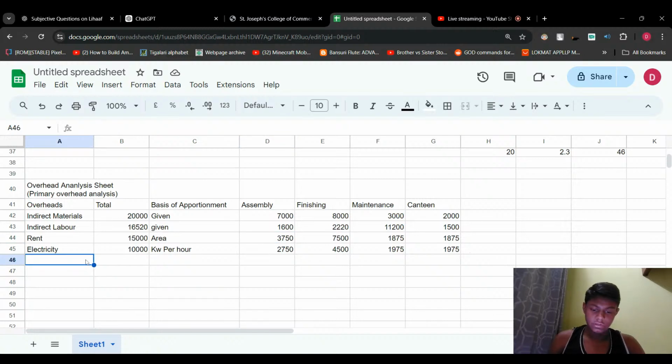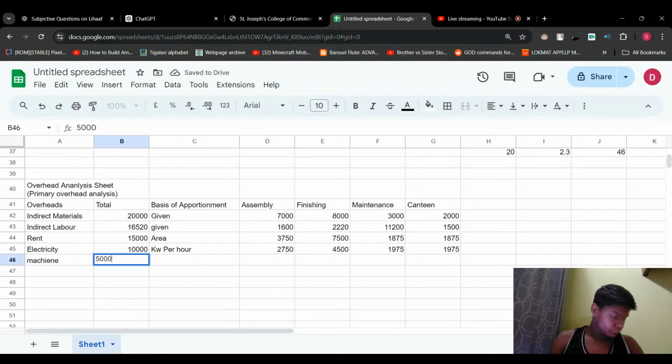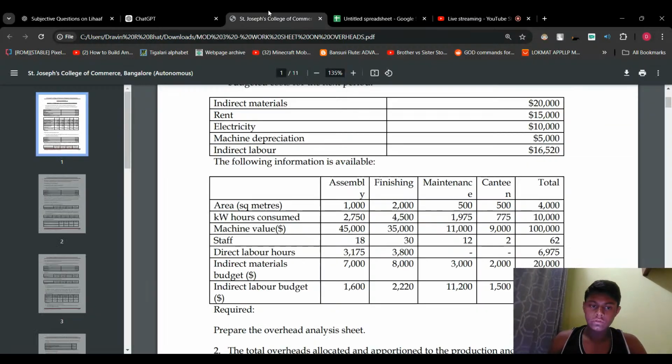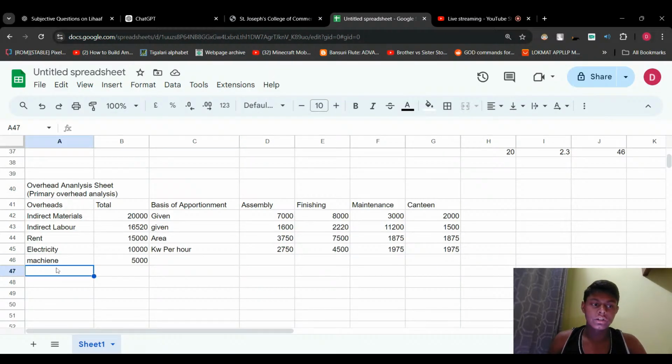Next would be machine. Machine depreciation is 5,000. The machinery value is already given, so you can easily calculate machine depreciation.